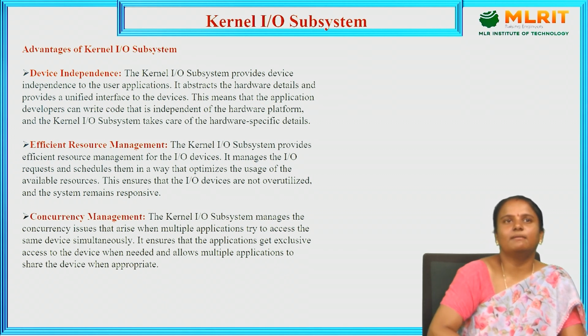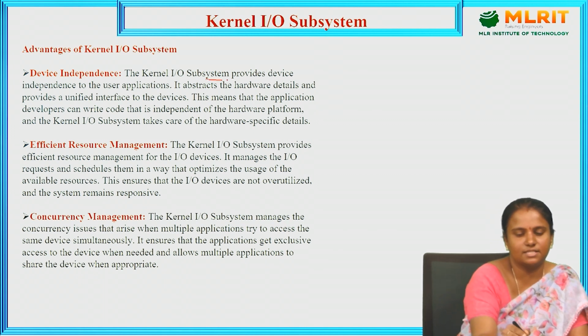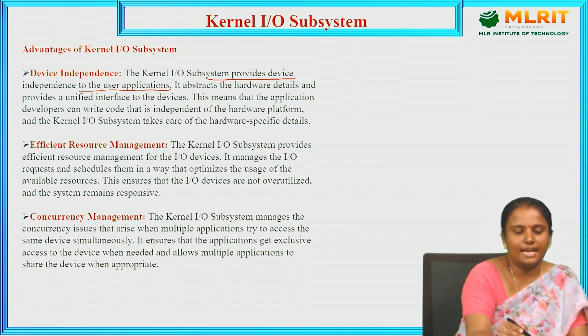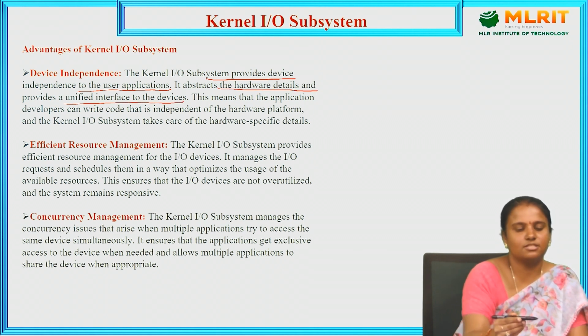What do we mean by device independence? The kernel input-output subsystem provides device independence to user applications. It abstracts the hardware details and provides a unified interface to the devices.